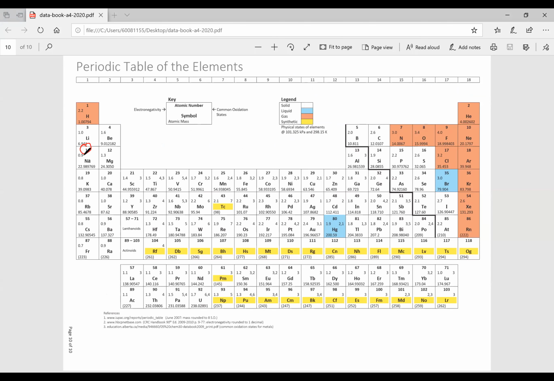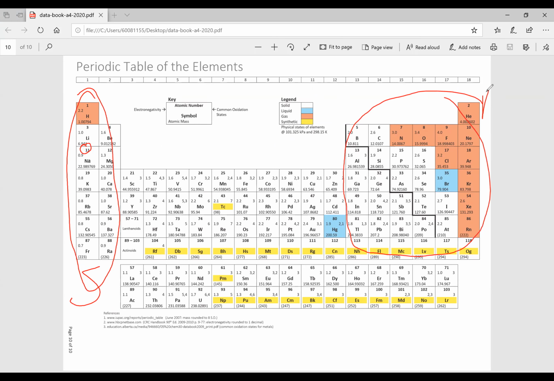Right here. Okay, so sodium has 11 electrons or 11 protons, but really we're talking about electron configuration. Just remember that this first column on the periodic table, this is our S group. Over here, this is our P group.